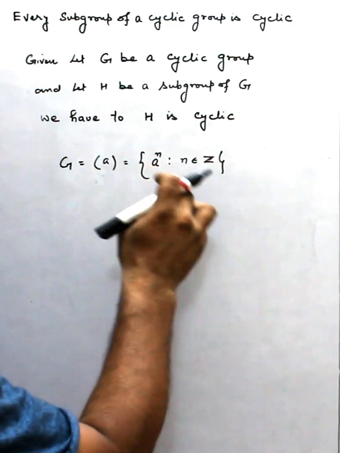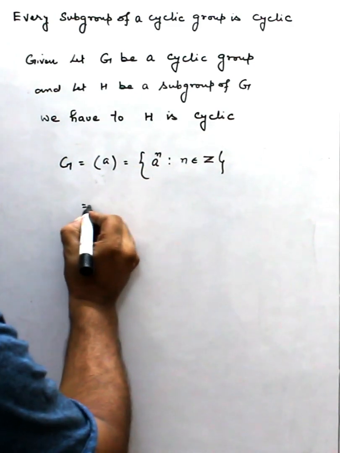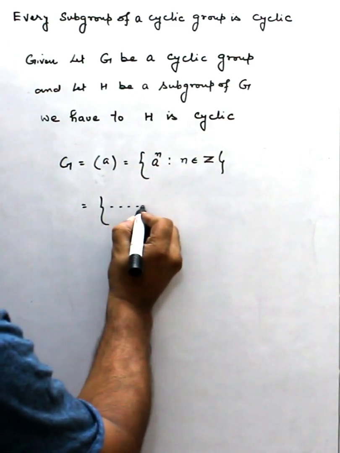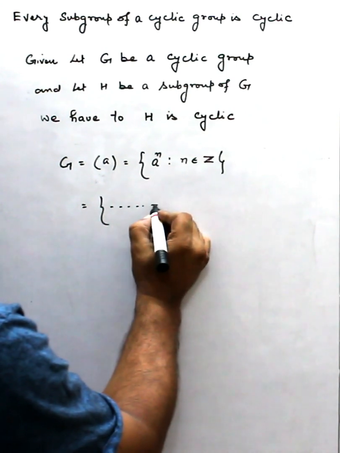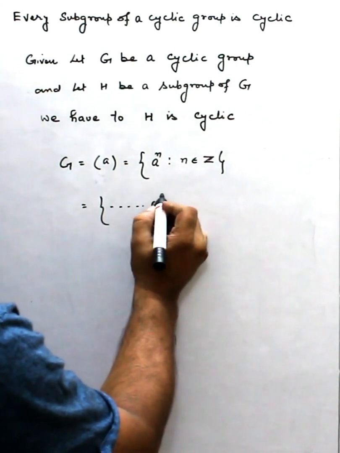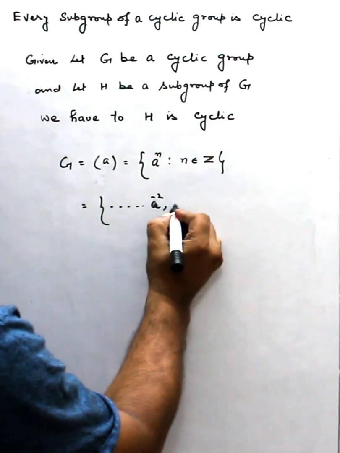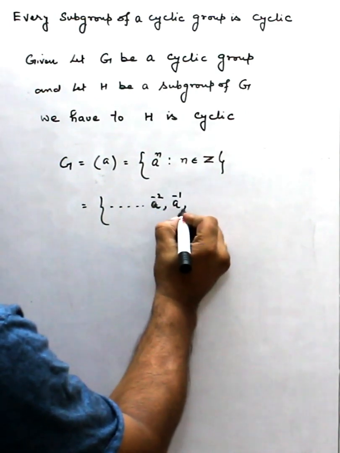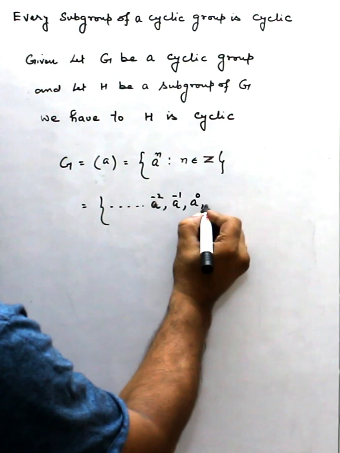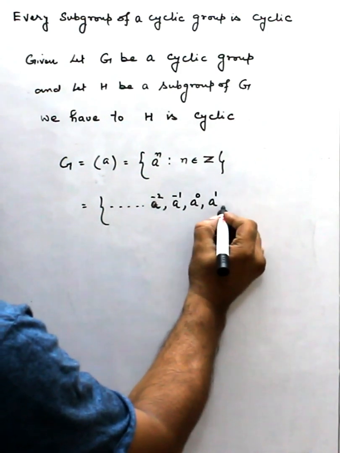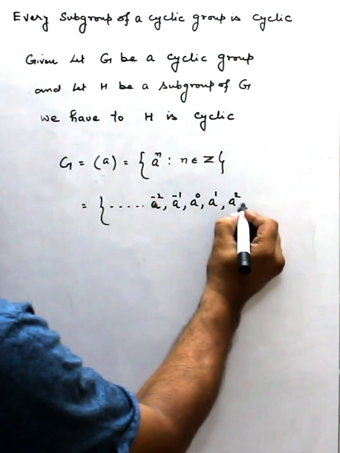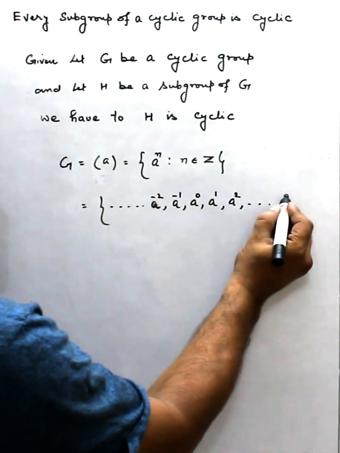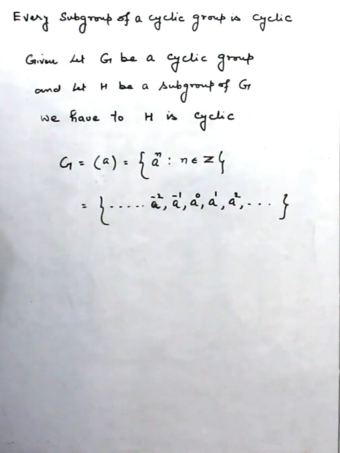That means n can be 0, n can be 1, or in expanded form we can write like this: a^-2, a^-1, a^0, a^1, a^2, and so on. This is infinite; this is a group of infinite order.